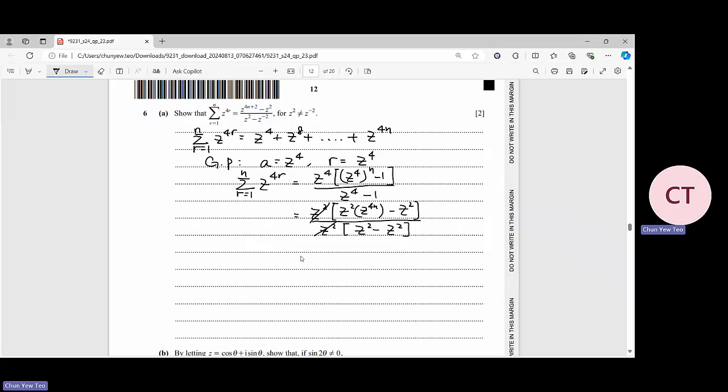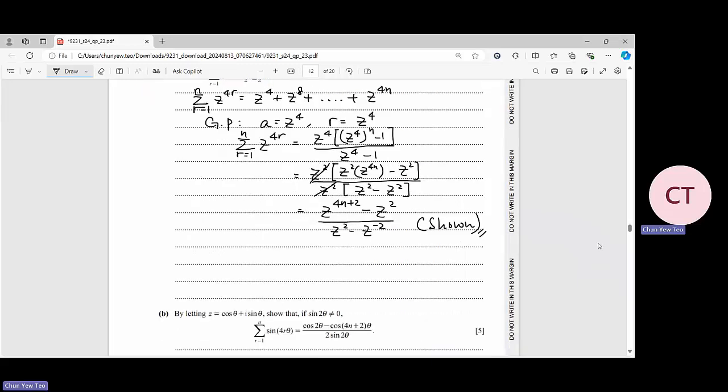Cancel the z square, and you can see that you will have z to the power of 4n plus 2 minus z square divided by z square over z to the power of negative 2 as shown. Okay, so this is how you show part A.